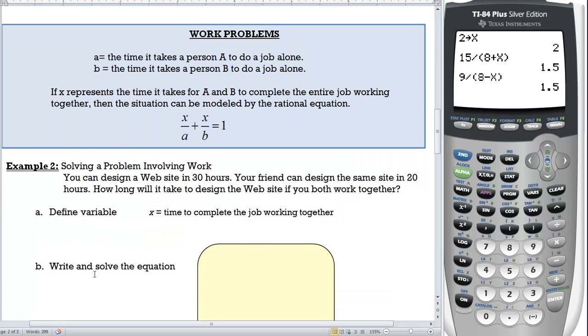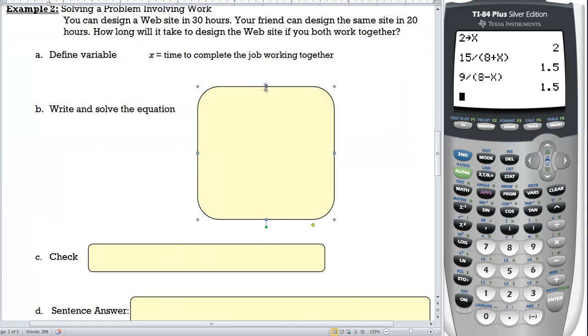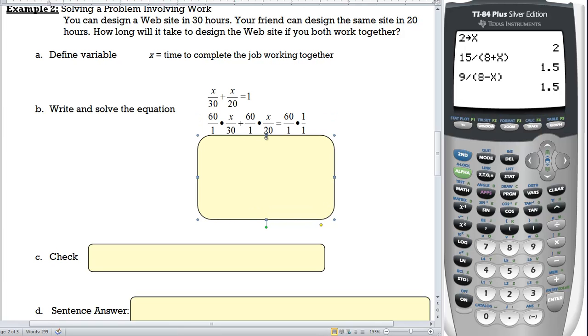Write and solve the equation. So I'm going to have x over 30 plus x over 20 equals 1. Common denominator would be, what, 60? So we're going to multiply all my terms by 60.